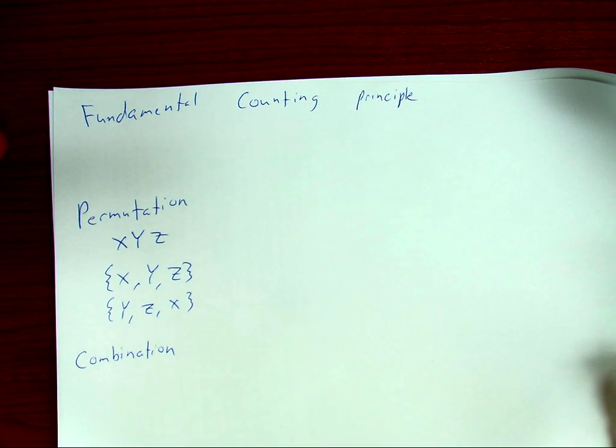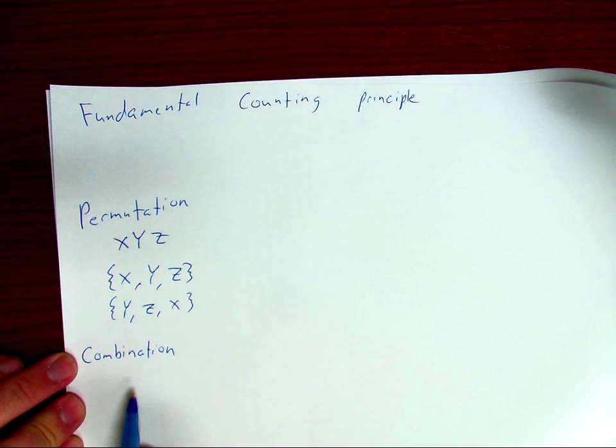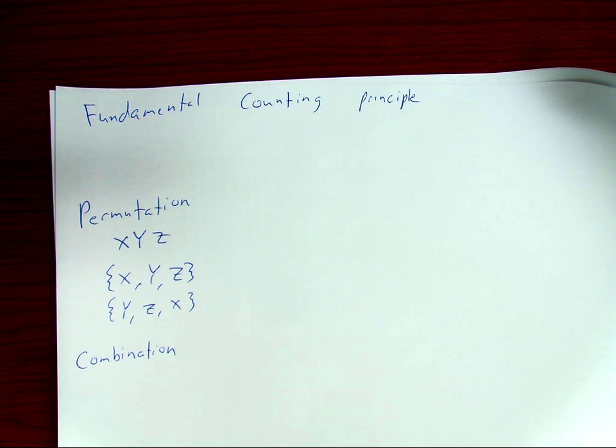Even though they're the same, they count differently for permutation. For combination, they would count as the same because their contents are identical. And that's the difference between permutation and combination. And we'll talk about a couple of different examples on how to tell the difference.